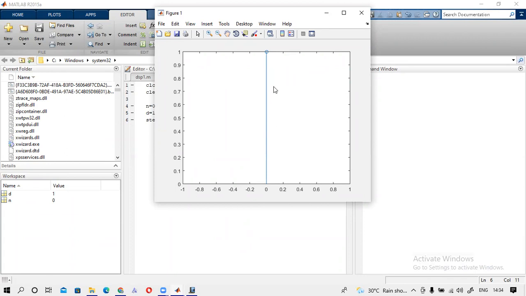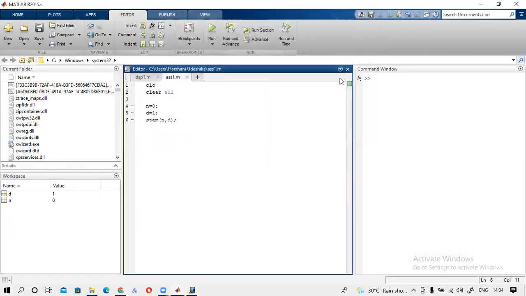If you want to draw a shifted unit impulse, what you have to do is, in Matlab you can't give just a variable. You have to assign some value there. So if I want to draw delta n minus 1, you can simply put 1 here, no?